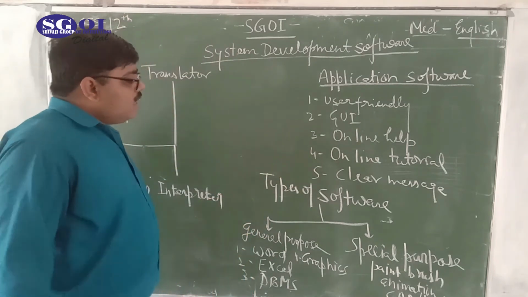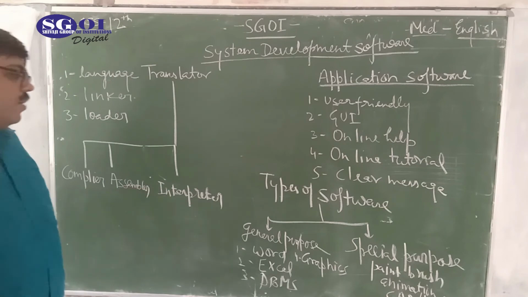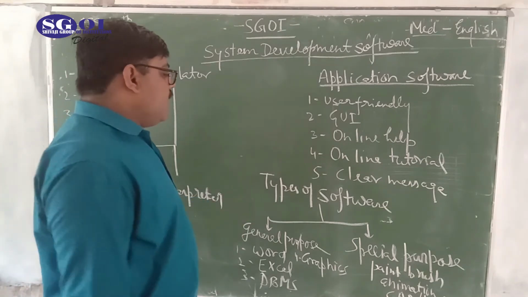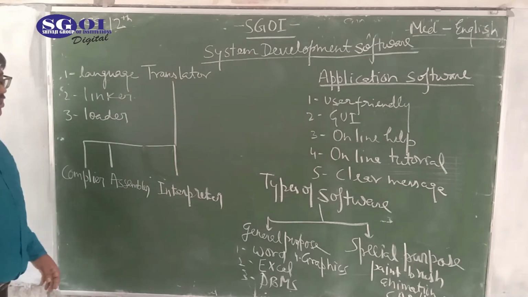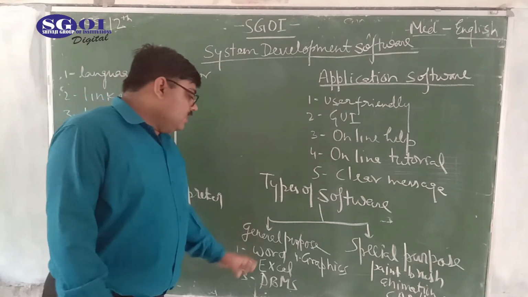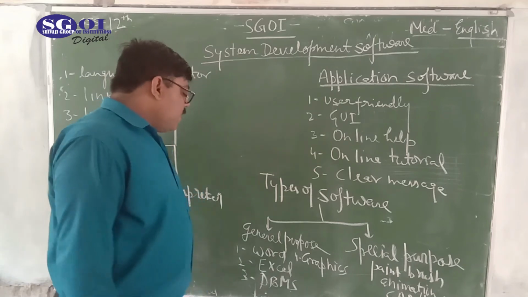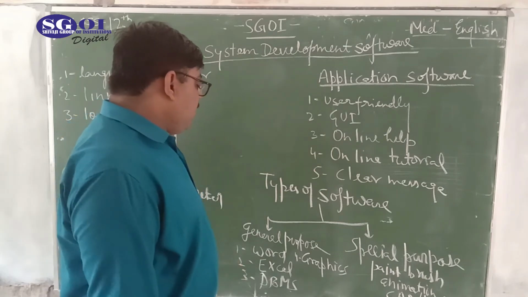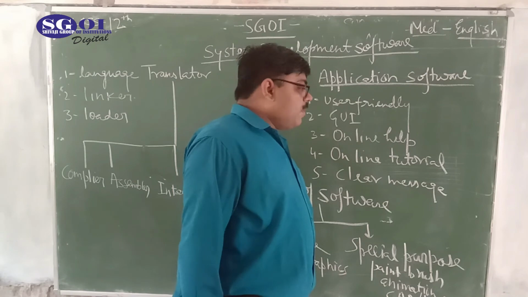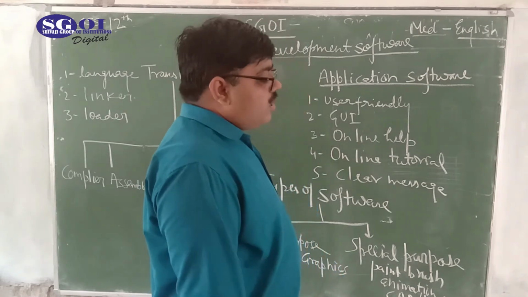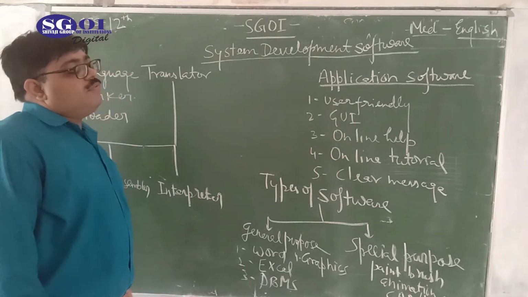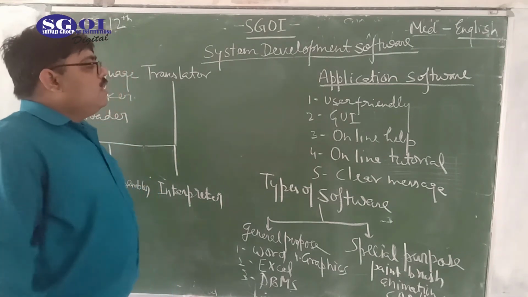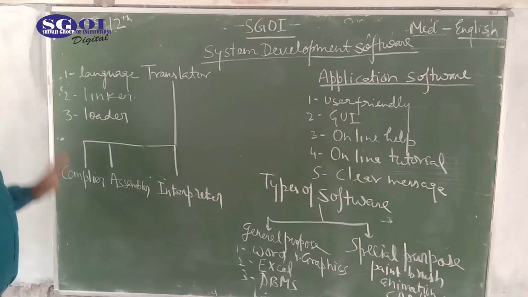And there are two types of softwares, general purpose software and special purpose software. General purpose softwares work for general purposes, like MS Word, MS Excel, MS PowerPoint, DBMS and graphics. And special purpose software is used for special needs, like paintbrush, animation software, CAD CAM software and DTP software. This is all about this class.